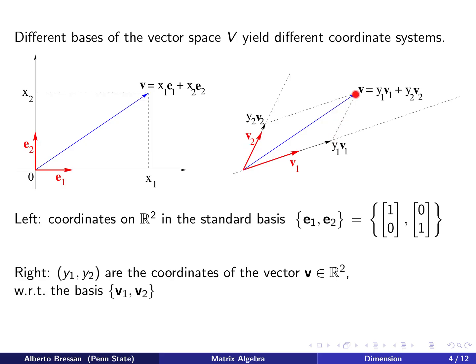You can also go this way first, then y2 v2 plus y1 v1. So basically it is a parallelogram formed by these two vectors, and the other tip here will be the new element v. So it is the same point in both cases, but in these two different coordinate systems, the coordinates x1, x2 would definitely be different from y1, y2.